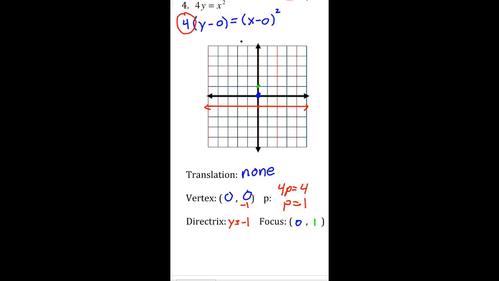Using the LLR, we know it's 4, which means the whole length is 4. We have to go 2 to the right, 2 to the left, because the whole length will now make up 4. That's where this value comes into play, at the very end, graphing. Then we can plot the parabola. There we go.